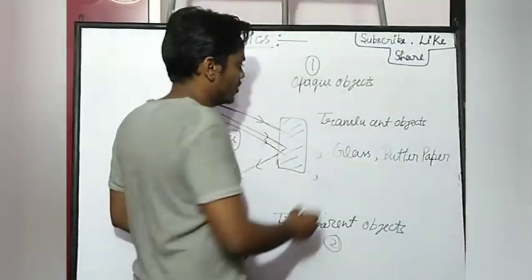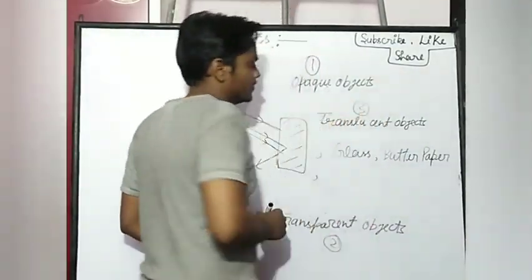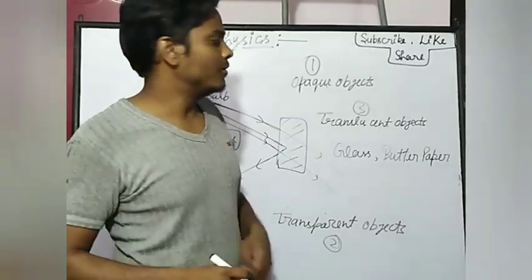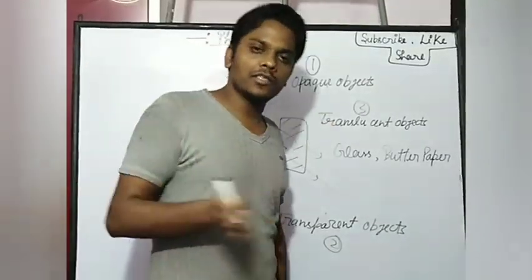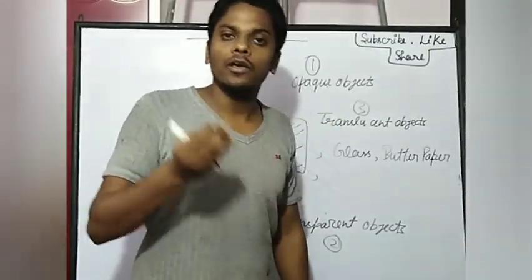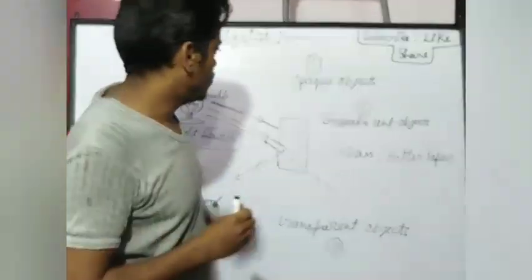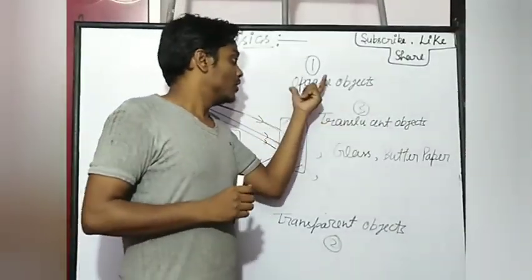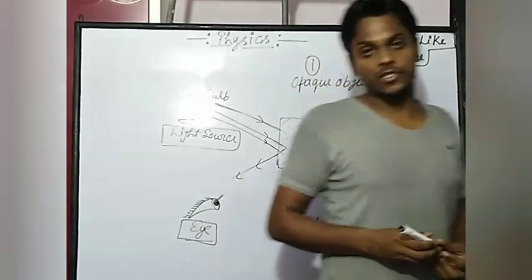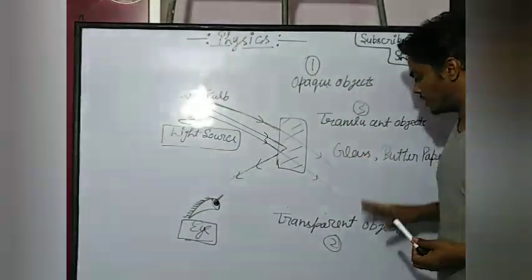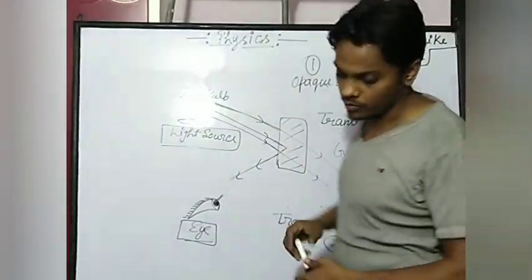And translucent, third one, which partially passes the ray of light. So today we have three types of objects: opaque, translucent, and transparent.